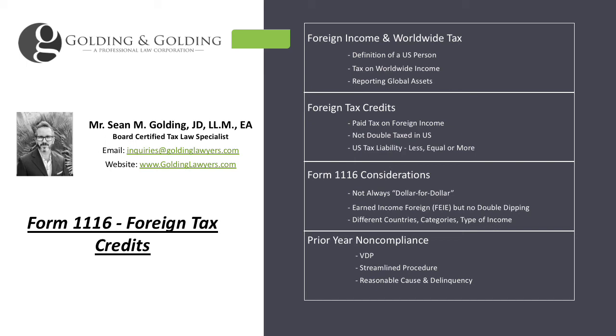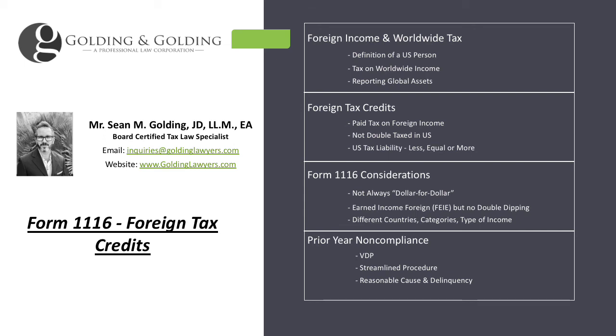So let's say you earned $500,000, you claim the foreign earned income exclusion, you can still claim the foreign tax credit on that category of income, but there's an equation you use to make sure you don't double dip using the full $500,000 or the full foreign tax credits you paid on the $500,000.